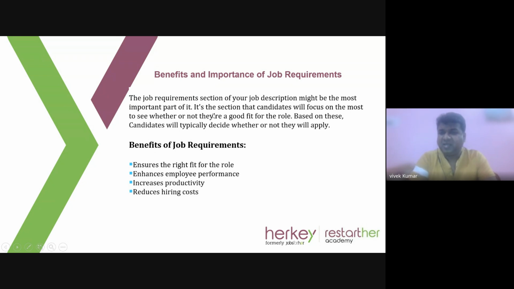Now, as I mentioned in the previous slide, this is a section that candidates will focus on, and they will try to see if they are a good fit for this role or not. Why I normally avoid putting too much detail, I'll give you an example. This is for tech hiring.